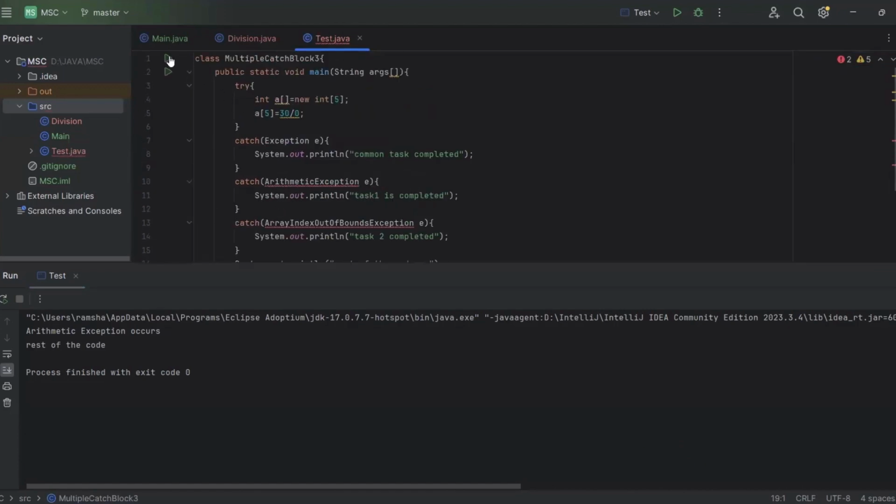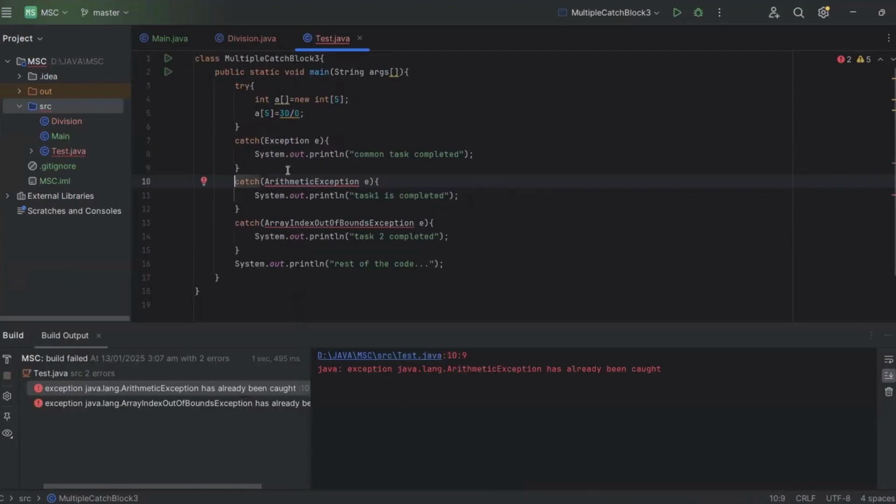So what happens is, when you run this particular code, your compiler throws an exception by itself. Even though you have already given it in the catch block, it is not able to catch. Why so? Because this particular catch block is already being used, so all the other catch blocks are not going to be run in the program.